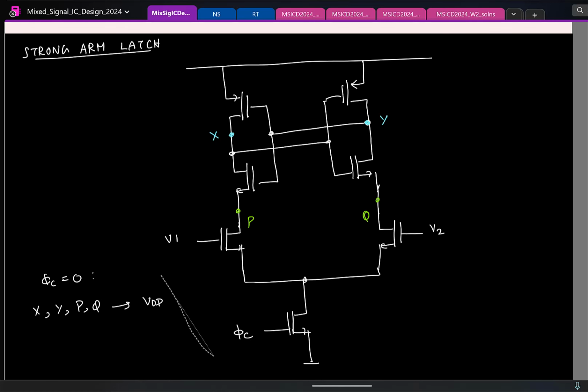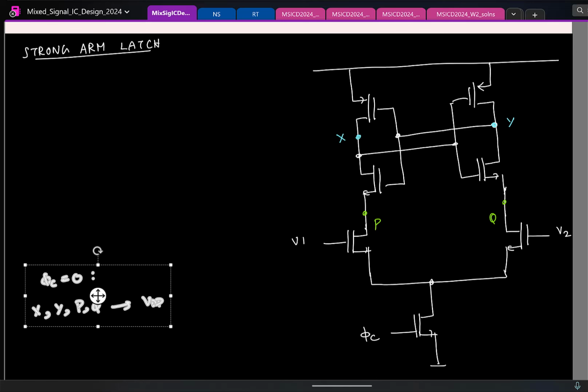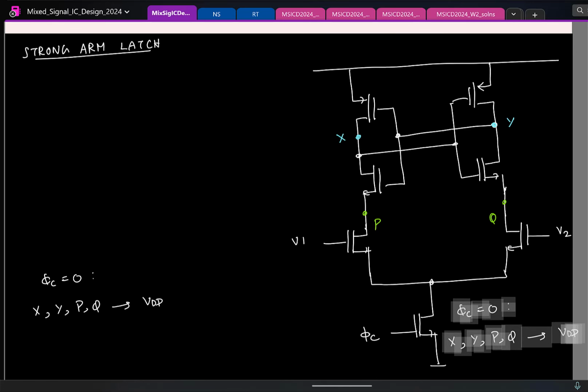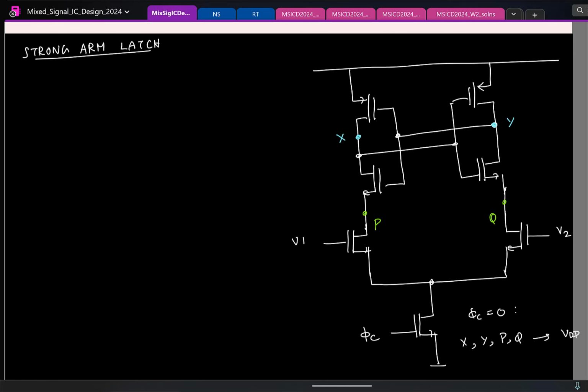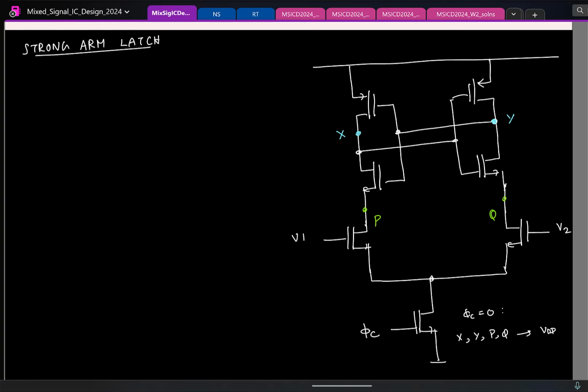So let me push it to a side, and this also I know before. Cool. So let me draw this.